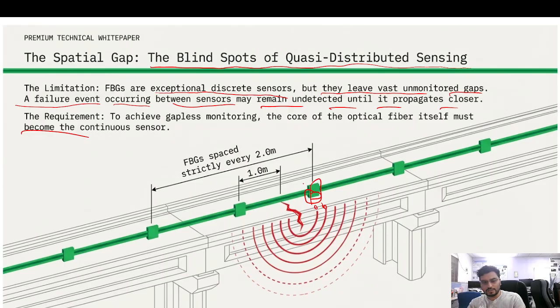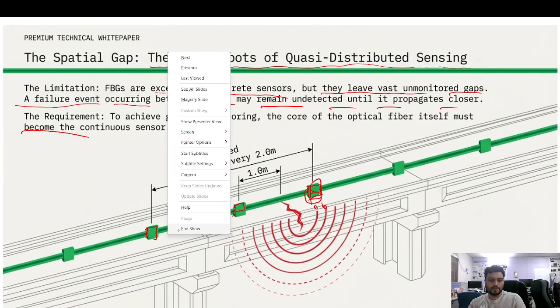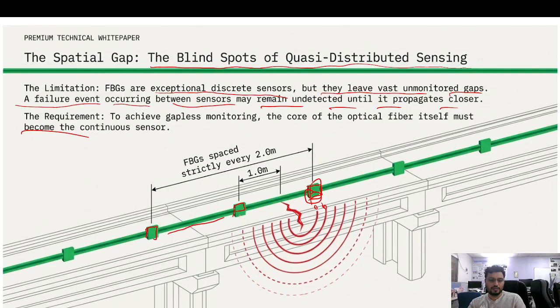So instead of keeping FBGs here and there at particular distances, if you can make the optical fiber itself a full sensor, then even a trace amount of crack or any disturbance or structural change in the bridge can be spotted easily.